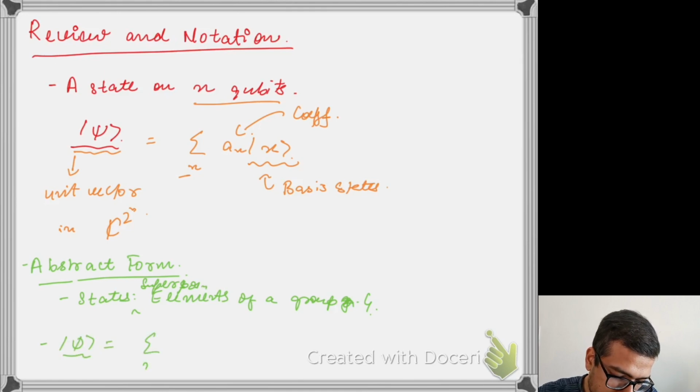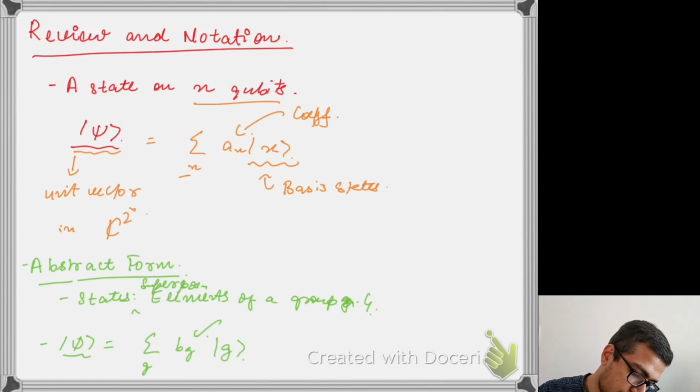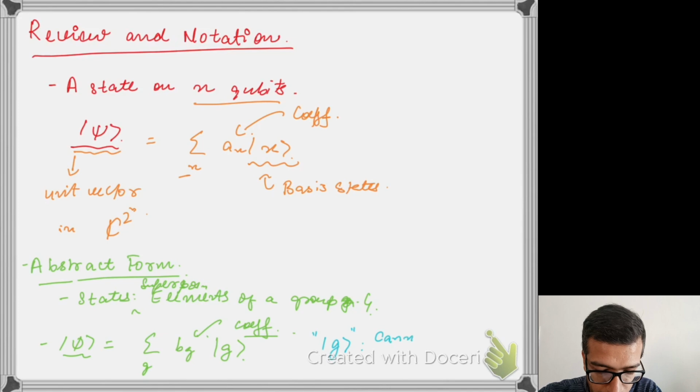Here I can represent a state ket phi as sum over g of b_g ket g, where these are the coefficients b_g. Of course, this is always a unit normalized state. When we write ket g, we have a canonical bit string representation of group elements, and all these elements come from the group capital G.